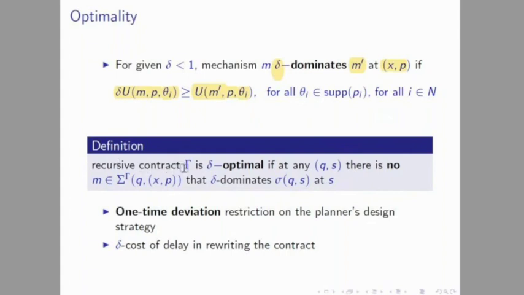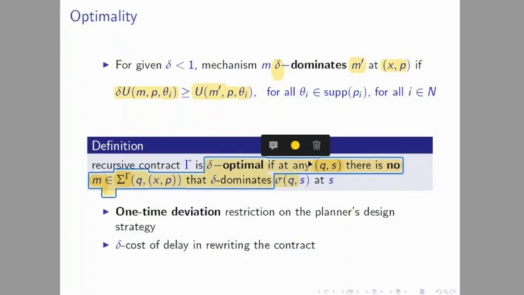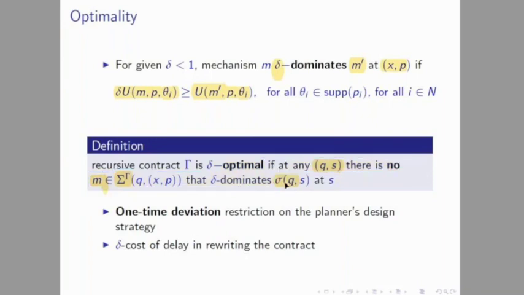Now, a recursive contract is delta optimal if at any configuration there is no mechanism in the choice set, namely a feasible mechanism that is not going to be renegotiated, that delta-dominates the suggestion by the contract.